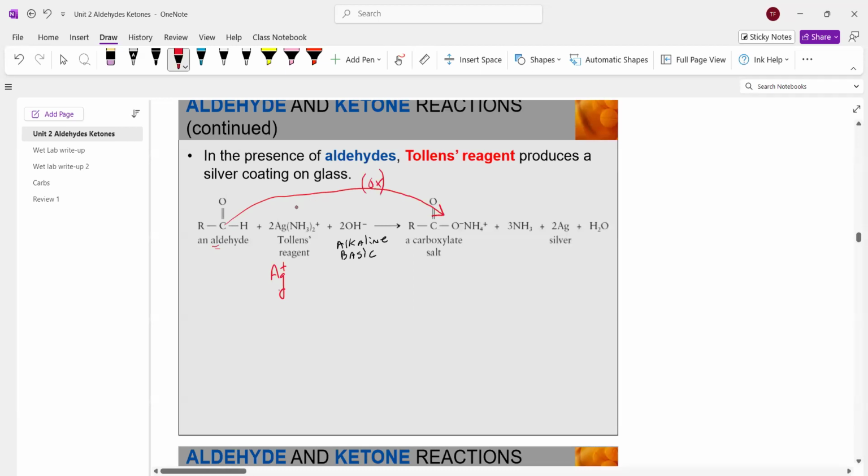The silver is being reduced. And remember, oxidation and reduction have to happen simultaneously because you're either losing or gaining an H or losing and gaining an electron. So you have to have a donor and a recipient. So in the case of aldehydes, we're losing an H. In the case of the silver +1, we're gaining an electron. Hence, this is going to be silver metal.